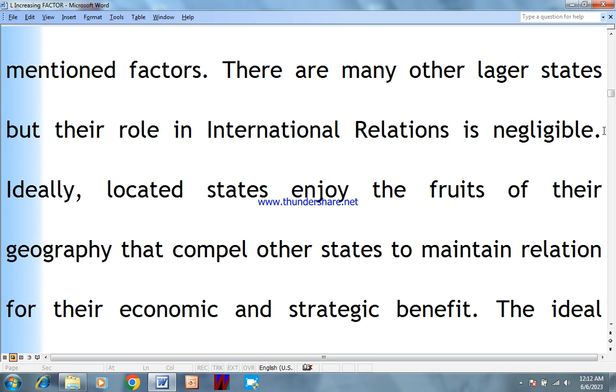There are many other larger states, but their role in international relations is negligible, like Canada, Australia, Kazakhstan, and Sudan.